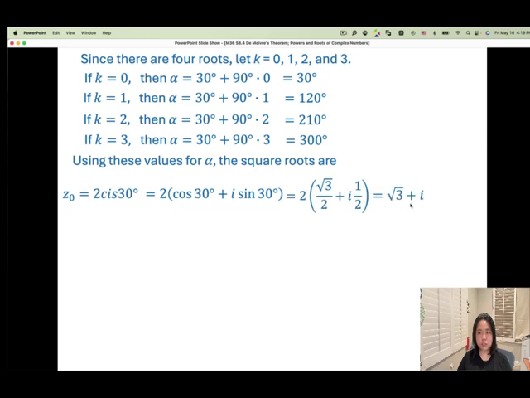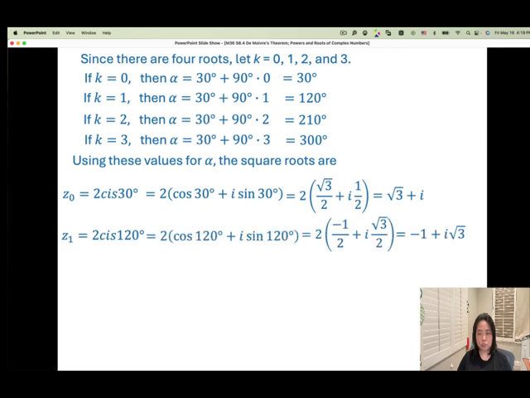So I get the first complex number, root 3 plus I. Second one, 120. You should get -1 plus I square root 3. Try to find out the Z2, Z3.